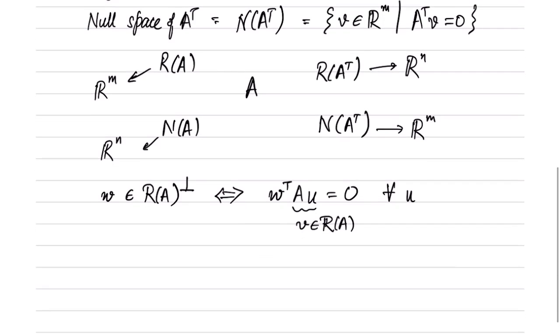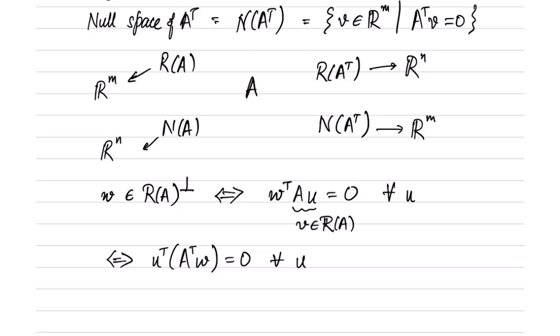So what does it mean for W transpose AU to be equal to 0 for all U? Let me rewrite it in a different way. It is essentially saying that U transpose times A transpose W is equal to 0 for all U. So A transpose W is a vector, and we are saying that this vector is orthogonal to U for all U. No matter what U I choose, this vector is always orthogonal to it.